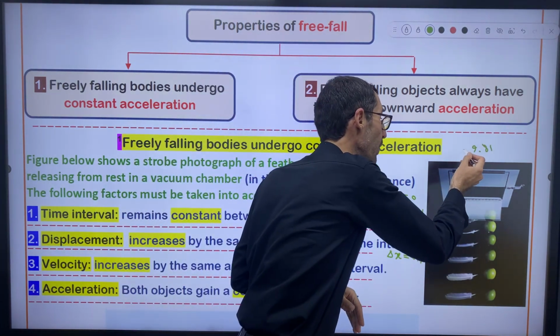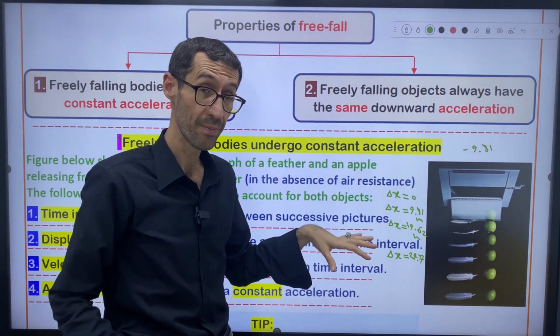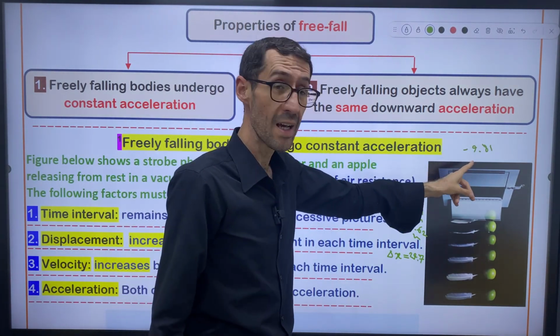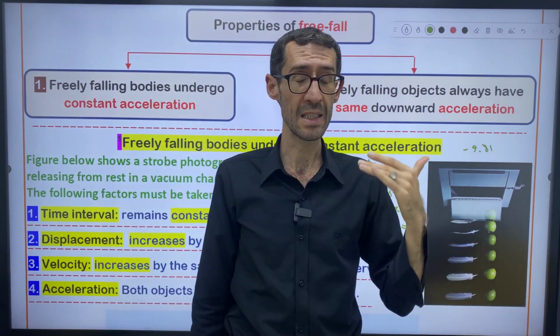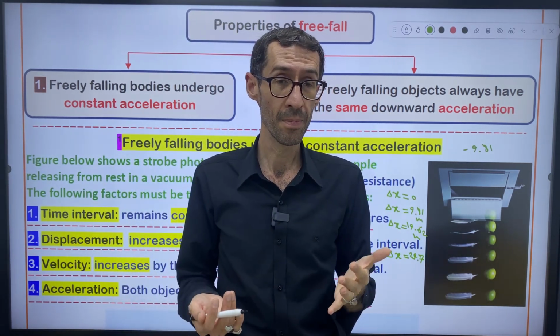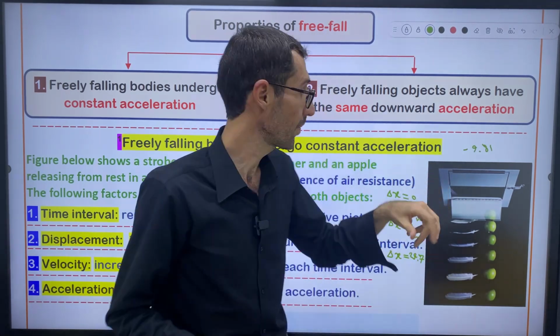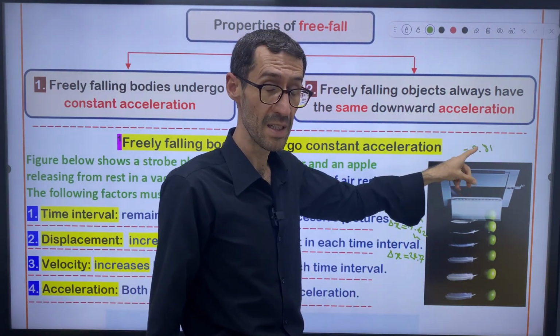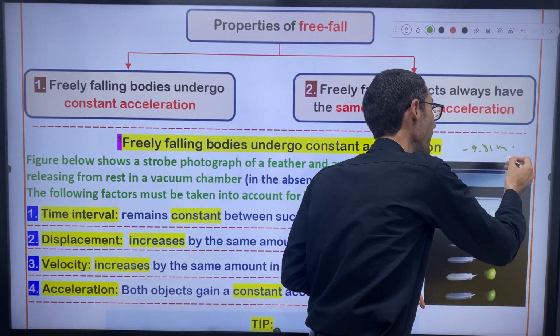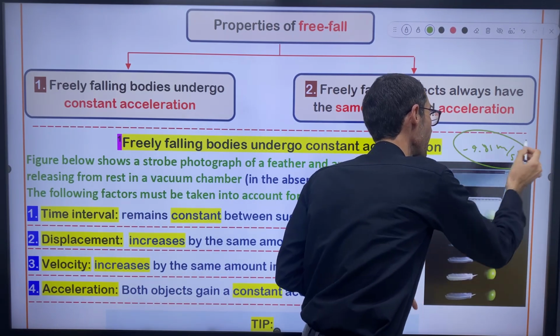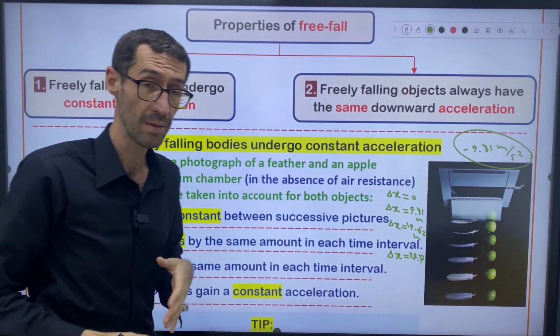That's why you have to put a negative for this value. So change in velocity is constant. Change in velocity is taking place over time, which means acceleration is constant, which means we have negative 9.81 meters per second squared. This is the acceleration.